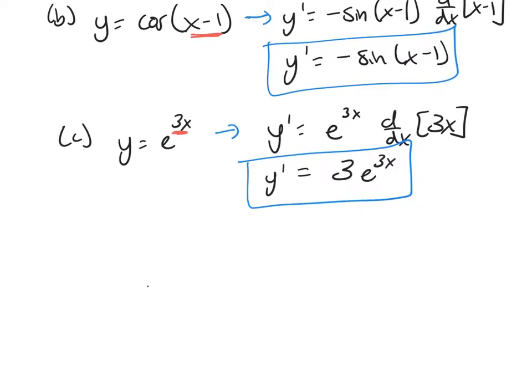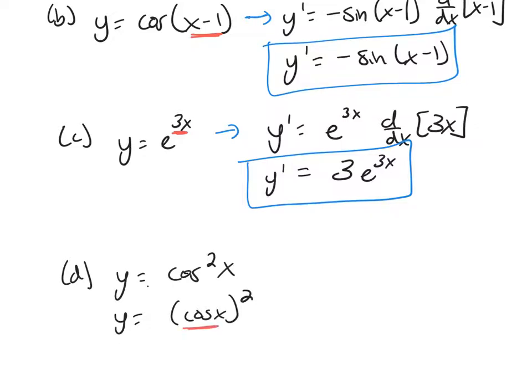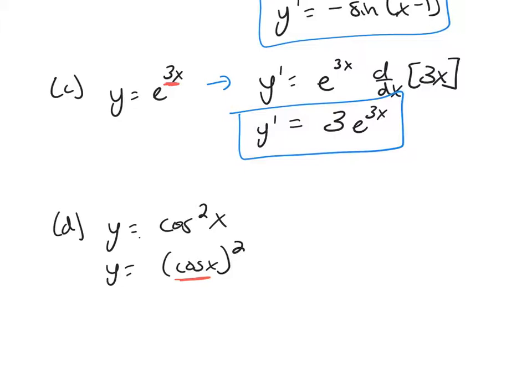Next one, y equals cosine squared x. Now when you see this, you should think of it as cosine x all squared. And there's my inside, cosine. So when I go to take this derivative, y prime, use your chain rule, 2 cosine x, now the power is 1, times the derivative of the inside, the derivative of cosine.